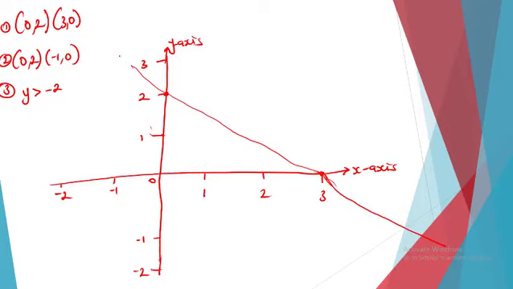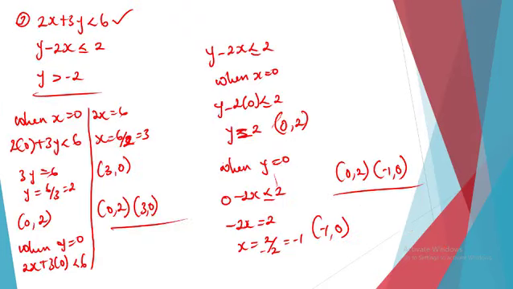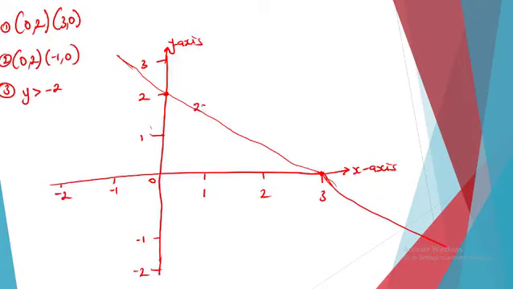Okay, don't mind my sketch. Okay, and the equation that has this is the equation 2x plus 3y is less than 6. Okay, then we go over to the second coordinate, which is (0, 2) and (minus 1, 0). So when x is 0, y is 2. This is the same point.